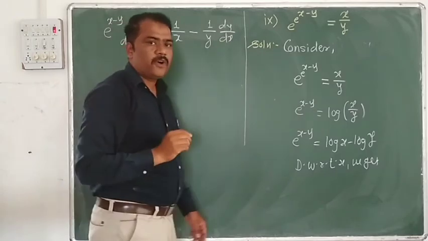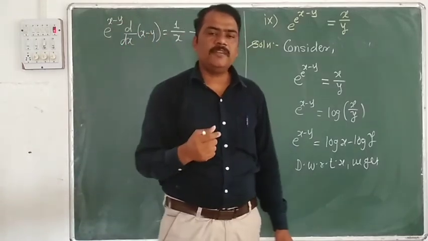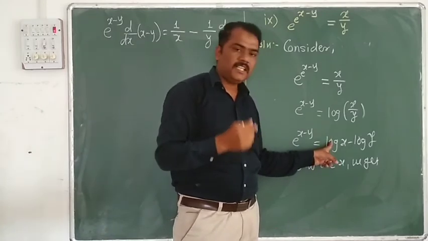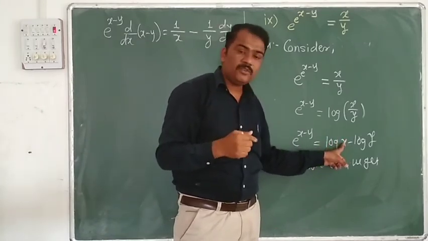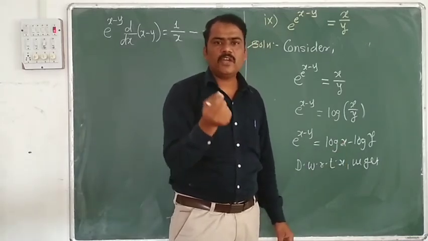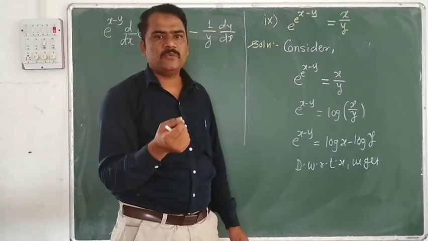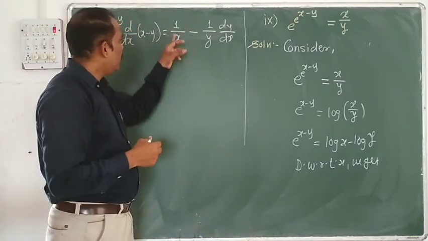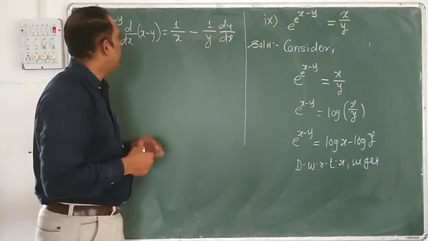We also have to follow the rule of derivative of a composite function in this log of x. First we keep the finger on log, that is 1 upon x, and then we take the derivative of x with respect to x, which is 1. If our coefficient is 1, we do not write the coefficient 1. So we get 1 upon x minus 1 upon y into dy by dx.